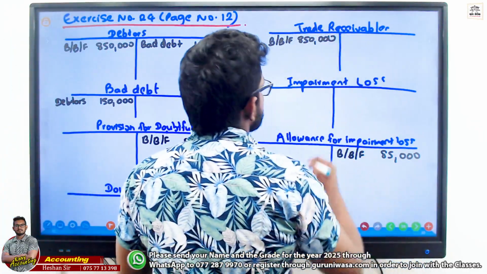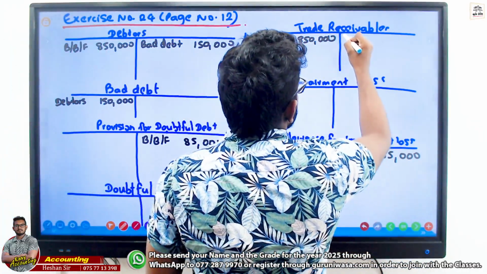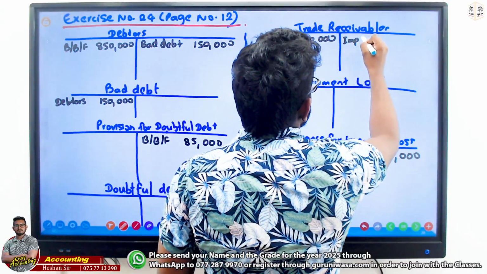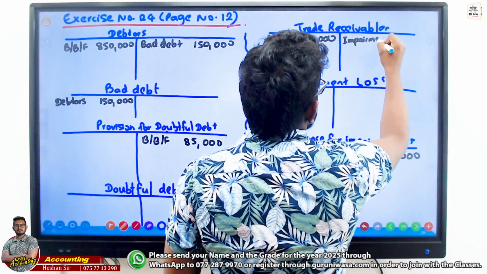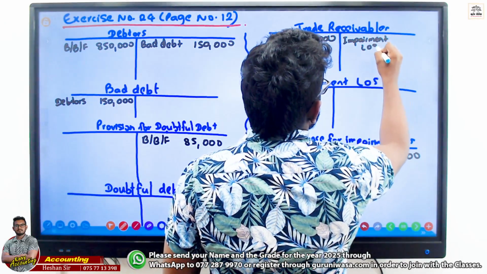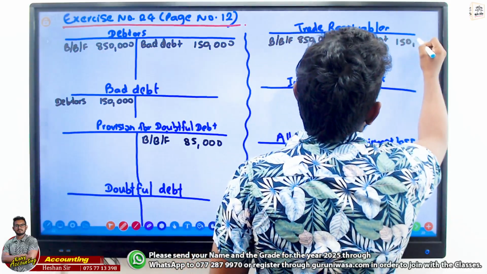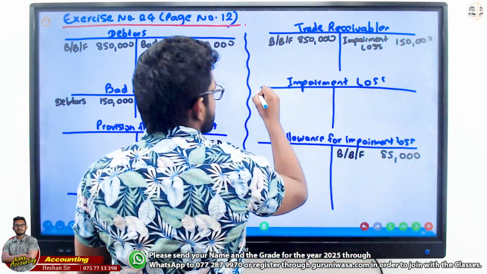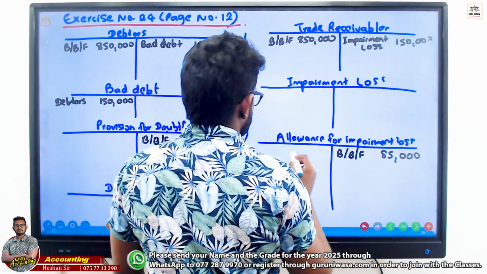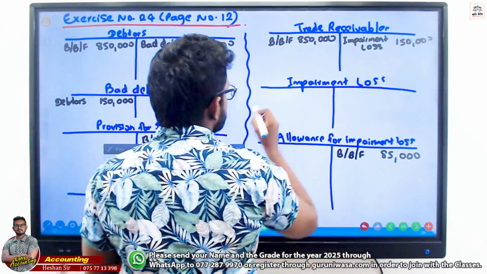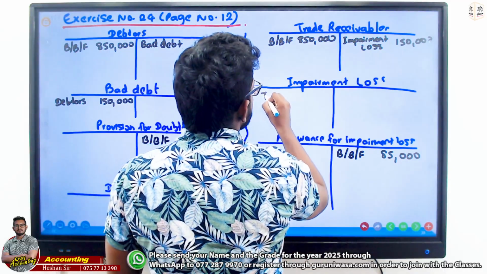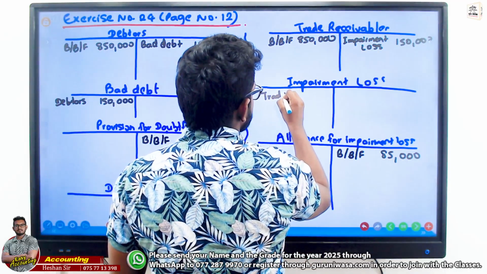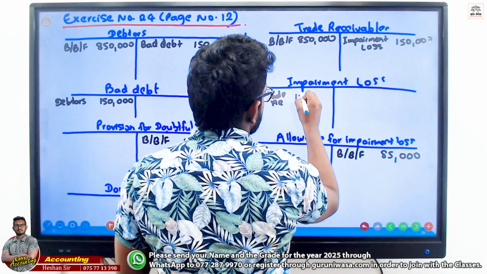In here also this is credit, impairment loss 150,000, trade receivable 150.